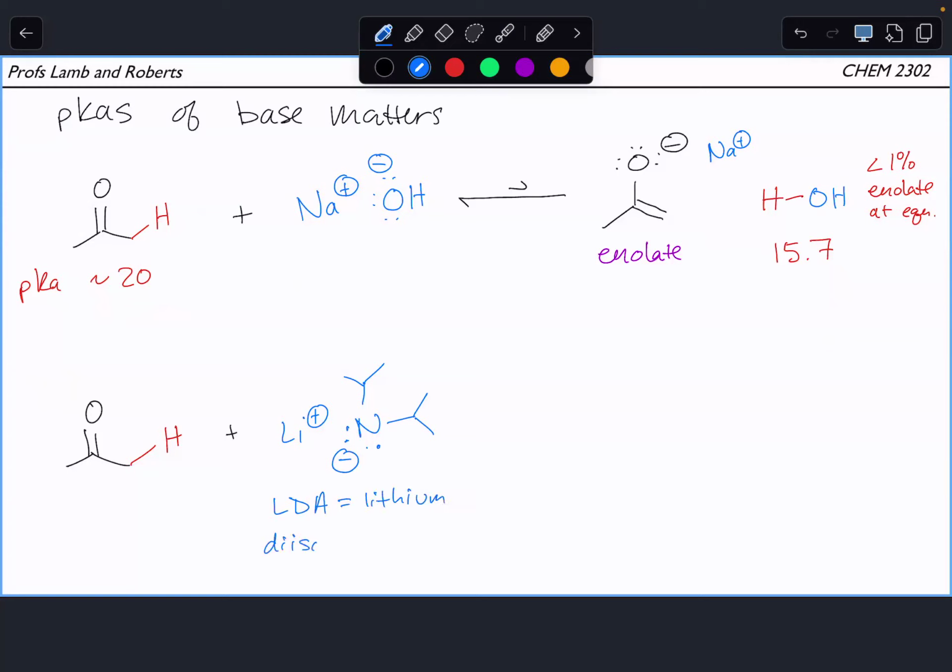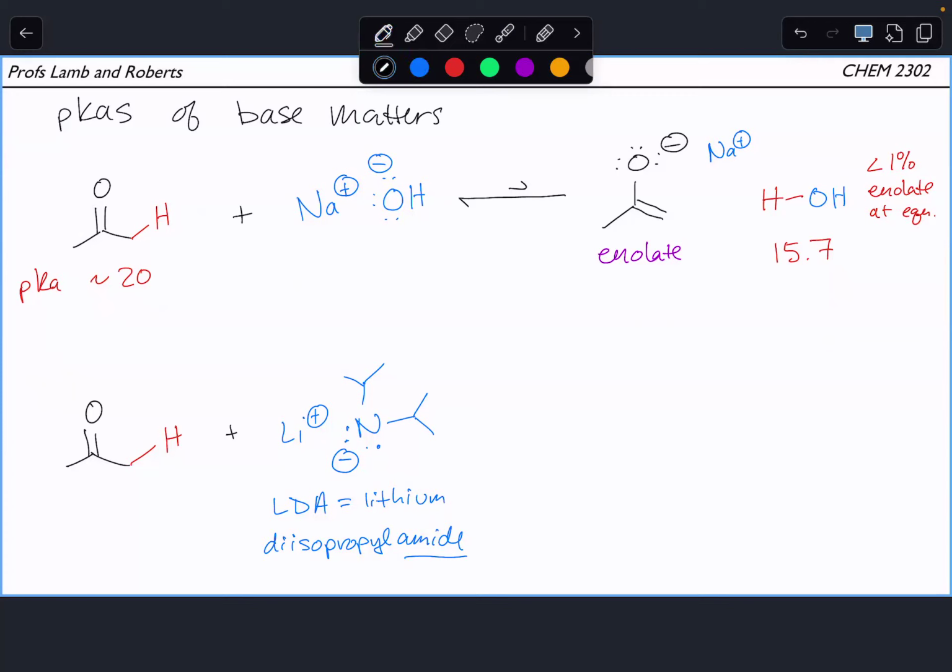Lithium diisopropyl amide. Okay, not to be confused with an amide, even though it's spelt the same. I'm sorry, I know it's annoying, it's confusing. But amide also means negatively charged nitrogen, which is what it means in this case.